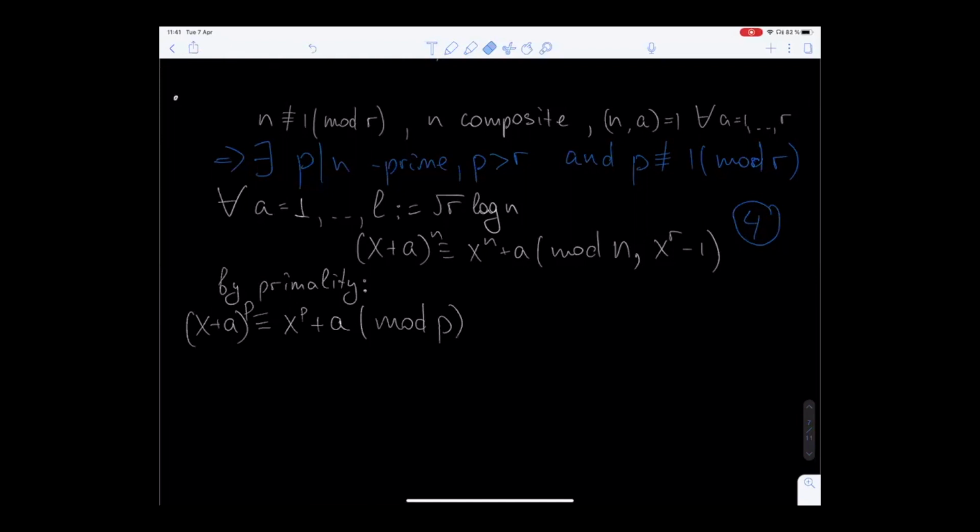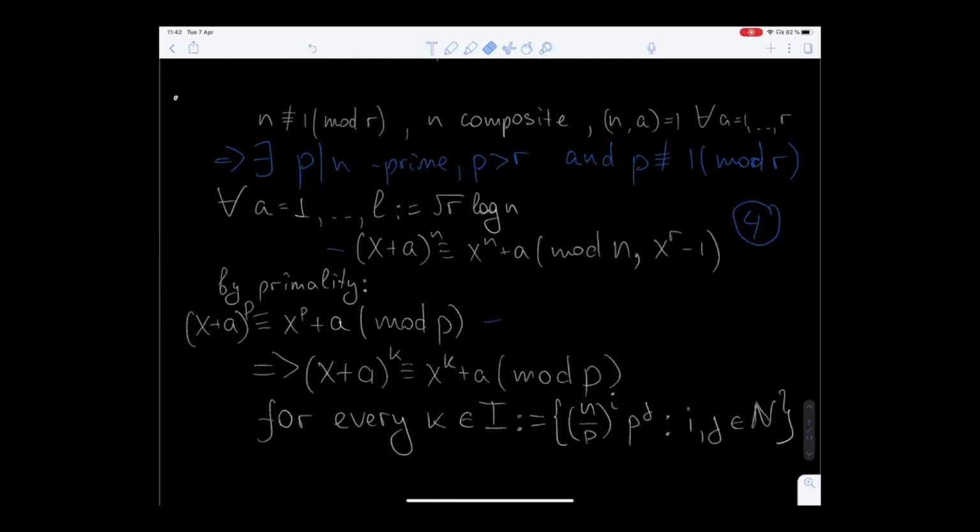Again, this is just Child's binomial theorem. But from here, and from this thing, we can actually derive the following: (x plus a) to the k is congruent to x to the k plus a modulo p for every k in a set I, which is n over p to the i.